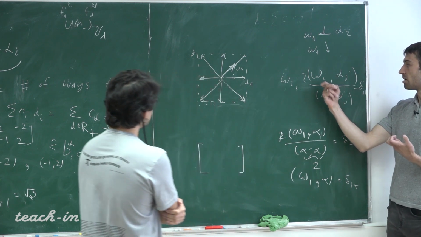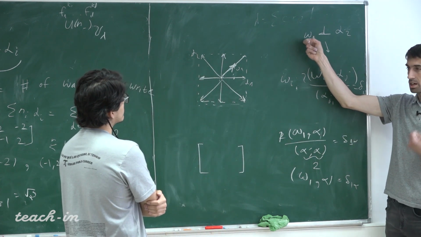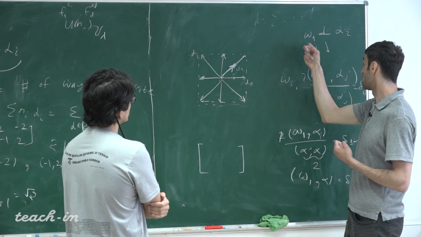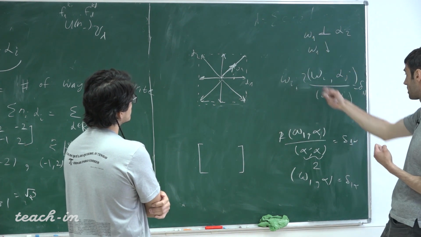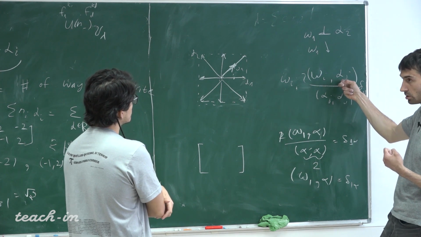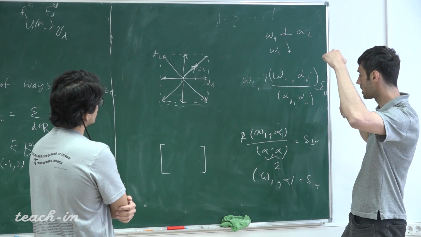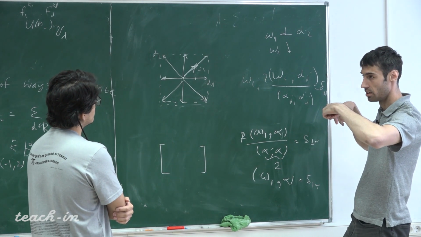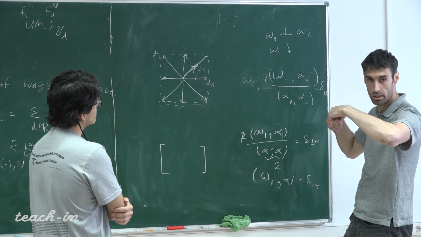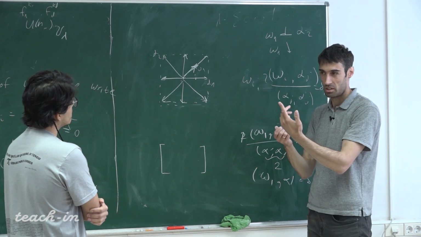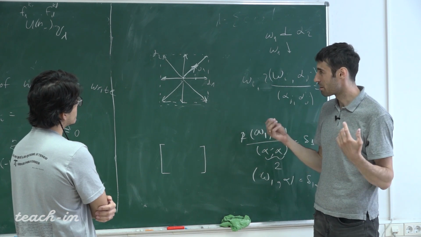So omega 1, how did we find it? We say that omega 1 should be 0 with alpha 2, so it's orthogonal to alpha 2, and it projects to half of alpha 1. And then if you reverse 1 and 2, everything applies to omega 2.